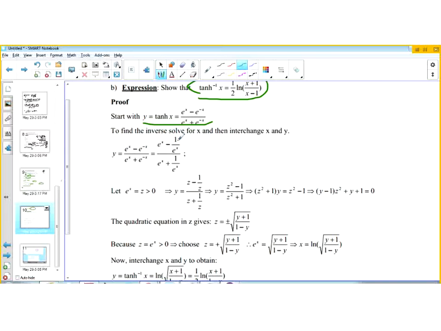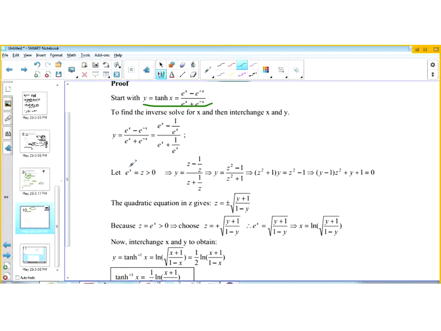Remember, e to the minus x is 1 over e to the x, so we expand the negative exponents. Then we replace e to the x with its representation in z, which we know to be greater than 0. So here is y in terms of the substitution z, and after simplification, y is equal to this.